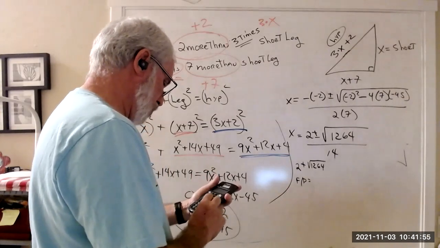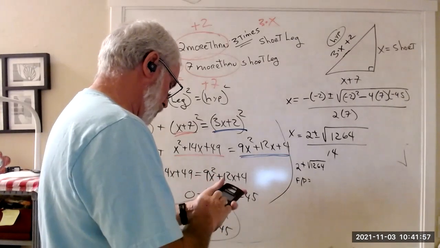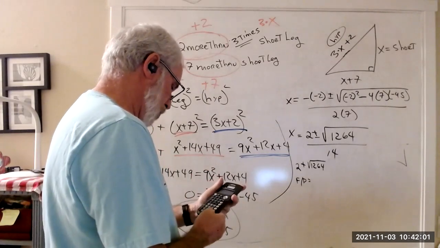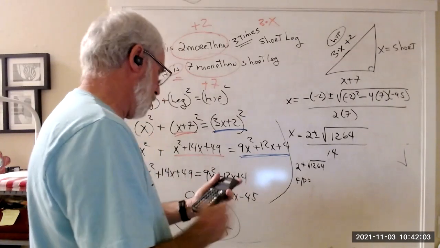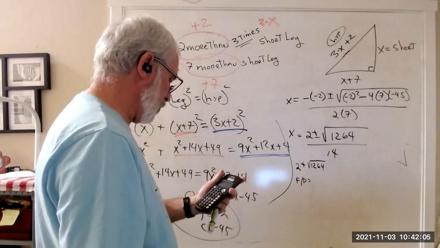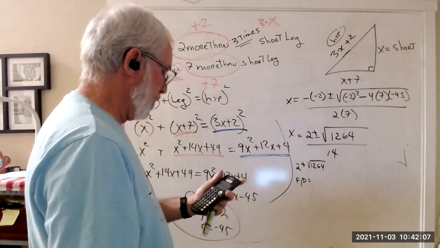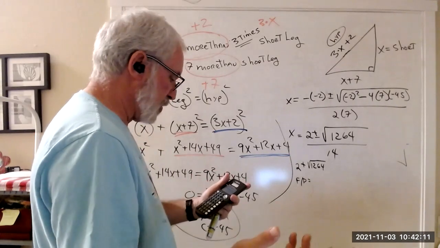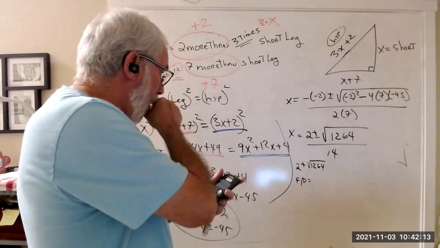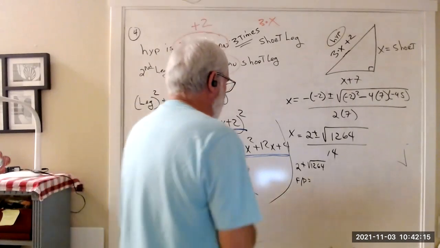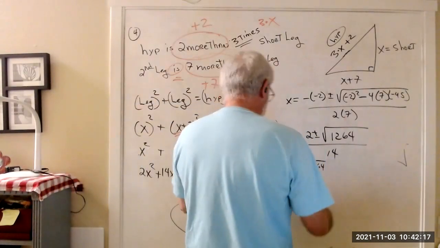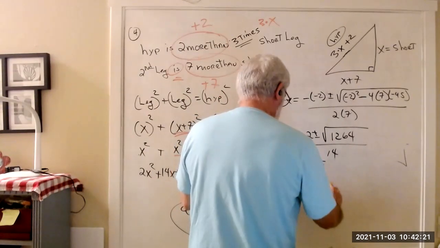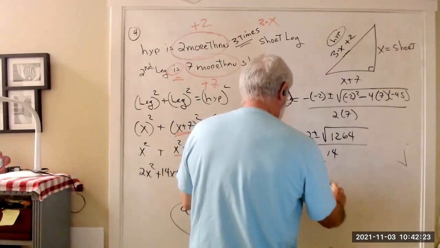Oh, it just automatically went to 37 point whatever. Did you guys get that or not? My calculator just automatically went to 37.55 something or other. Can anybody confirm? Yeah, I got that answer.